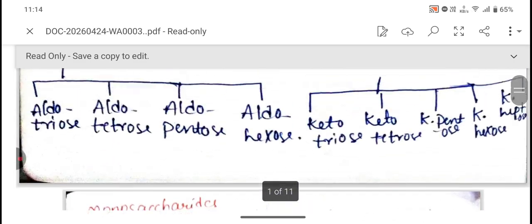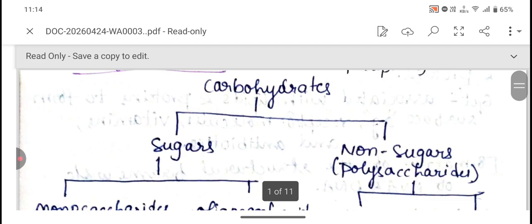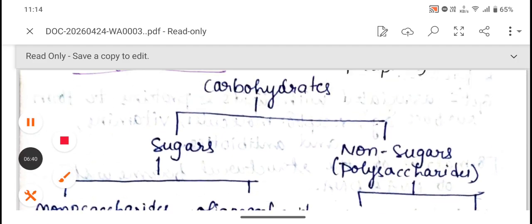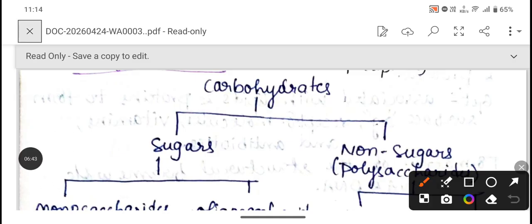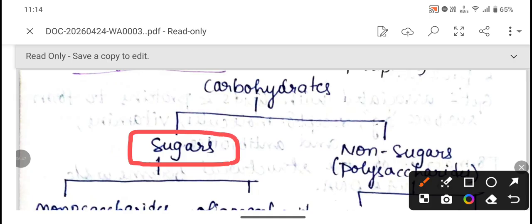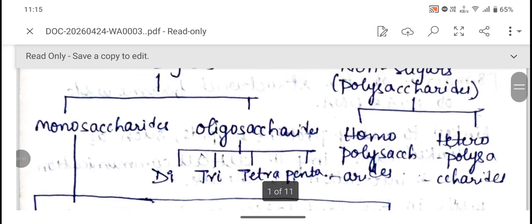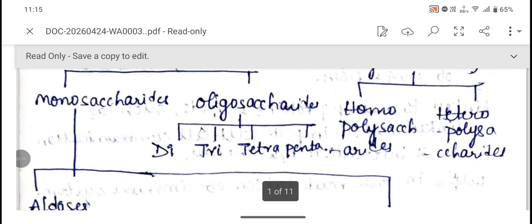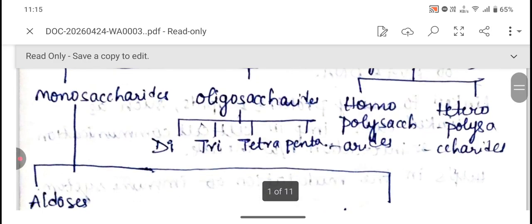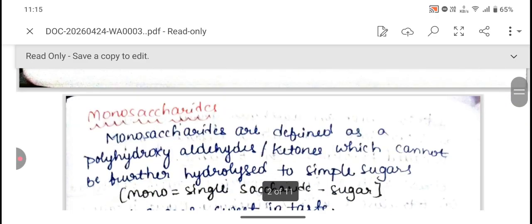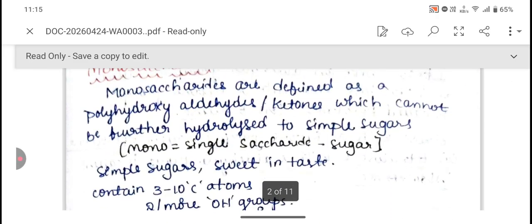If you go to the classification, some of the carbohydrates are sweet in taste. The carbohydrates which give a sweet taste are referred to as sugars. These sugars are classified into two types: monosaccharides and oligosaccharides. In this lecture we are going to discuss in detail monosaccharides. So what are monosaccharides?